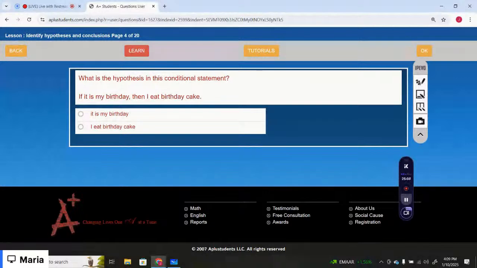So, which is the correct option? It is my birthday is the hypothesis. Option number one is the correct option.